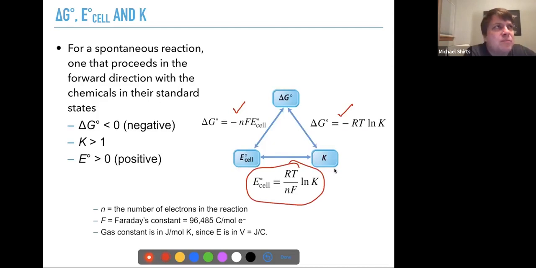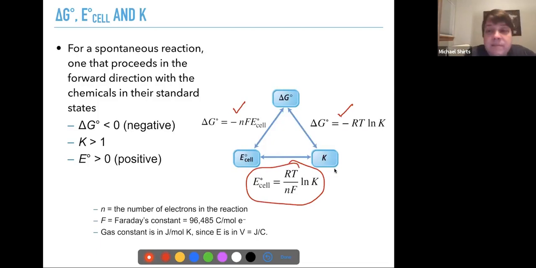Why remember 0.0592 when that's only true at room temperature? Why not just use the actual formula that's true for all temperatures, which is RT over nF times the natural log of K? That's the formula I'd recommend, because it'll be true at 60 degrees C as well.